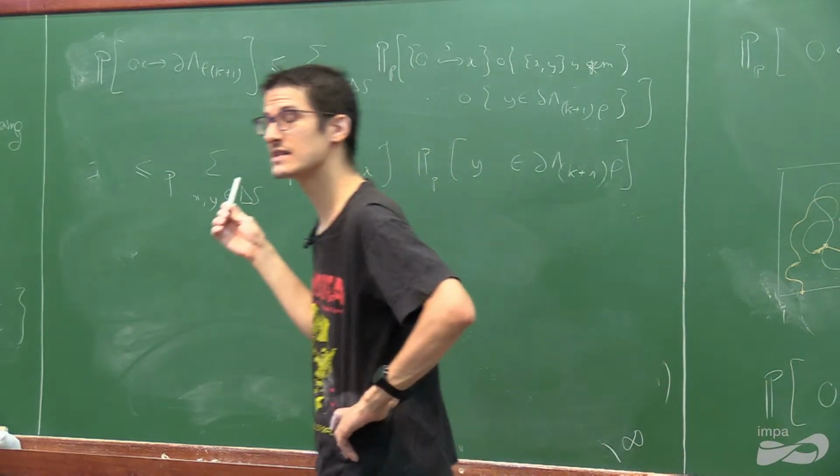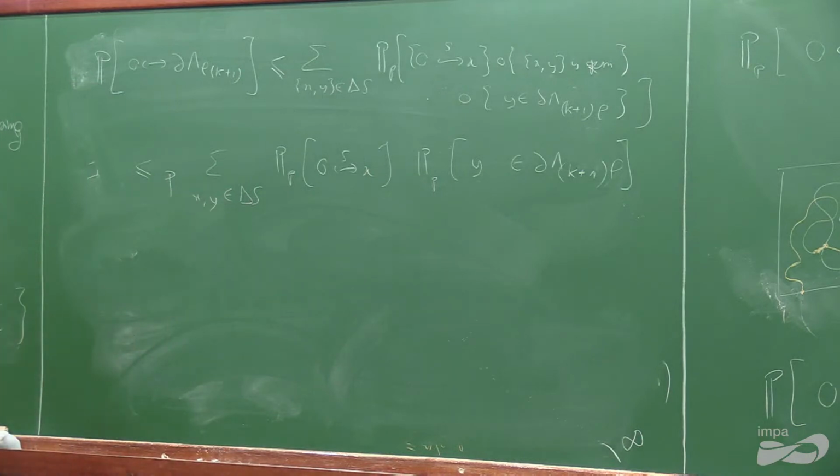S is included in lambda L minus 1, and y is at distance 1 from S at most. So its distance from the origin is at most L.